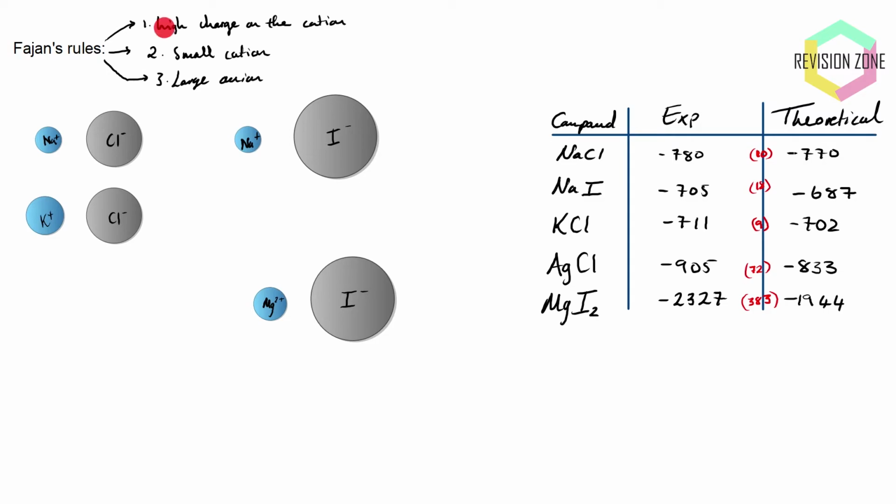The way I've written these three rules, they tell us a way of suggesting that distortion is being increased. Each of these rules essentially tell us that there is more distortion. So if there's a high charge on the cation, if there is a small cation, or if it's a large anion, distortion increases. So all of this leads to an increase in distortion.